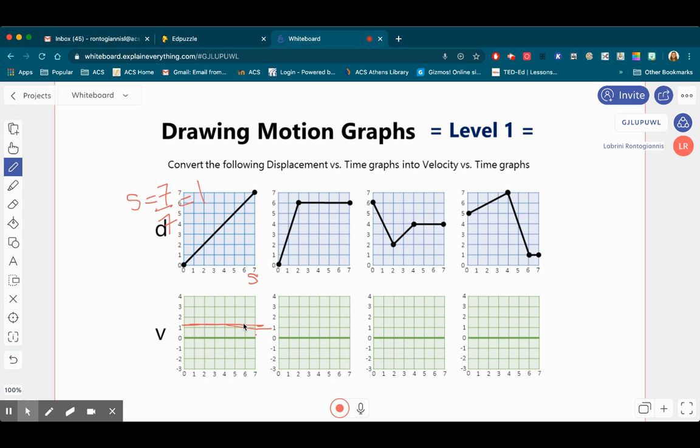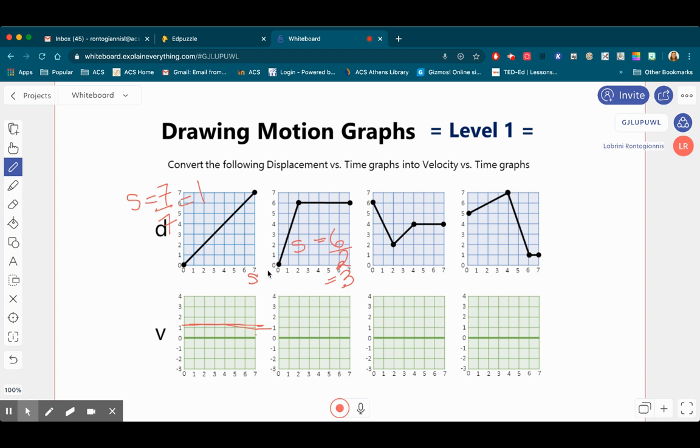Now in this object here, in the second graph, we can see that the object traveled 6 units in 2 seconds. So in this first part of the graph, we can see that the speed is 6 over 2. So we can determine that the speed is 3.